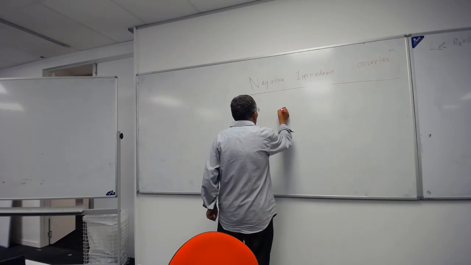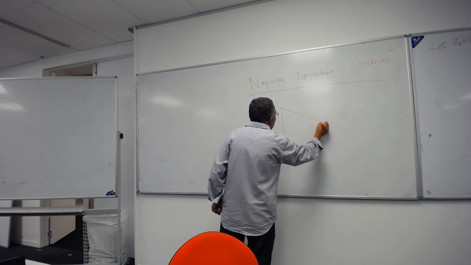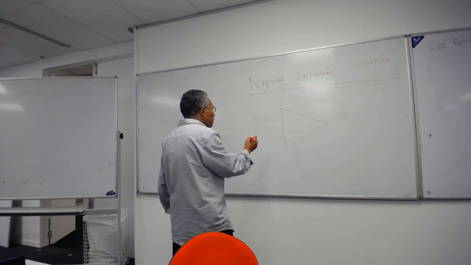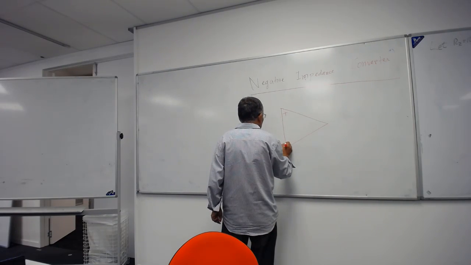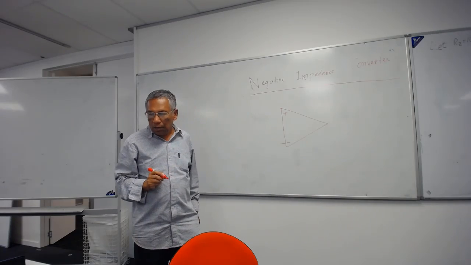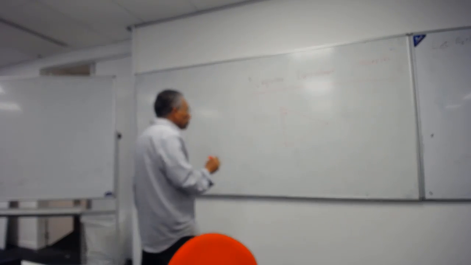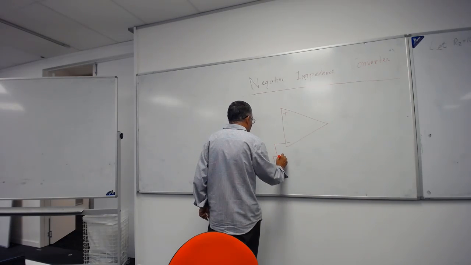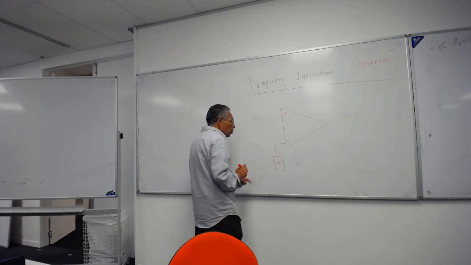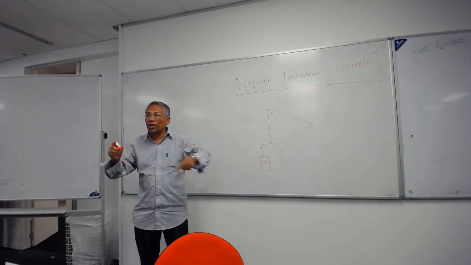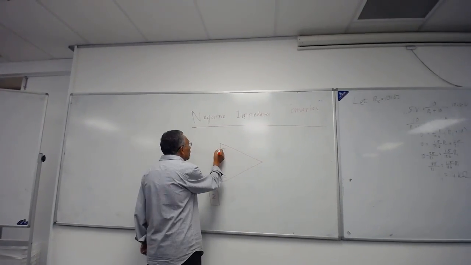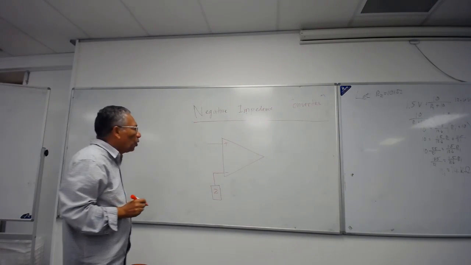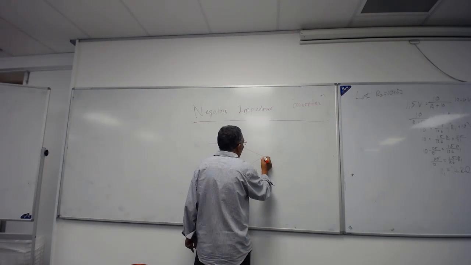So if you have an op amp like this, okay, and Z here. So Z is your impedance, which we will try to convert into a minus Z. Okay, and you have two resistances of equal value feeding back from the output.